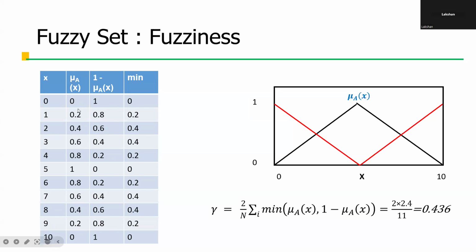Again, like the previous example I have shown, we have taken the minimum number from each, and we have summed them up, and we got 2.4, right? So we have used the equation here, and we got 0.436. That is the fuzziness of this fuzzy set.